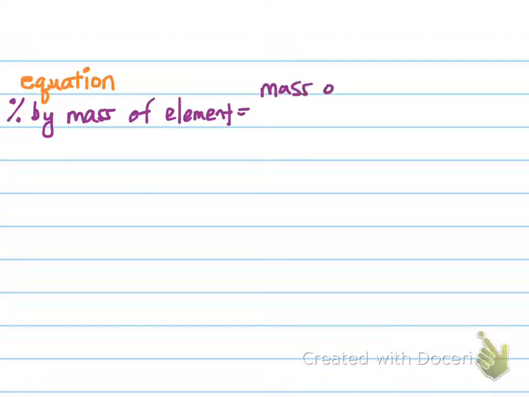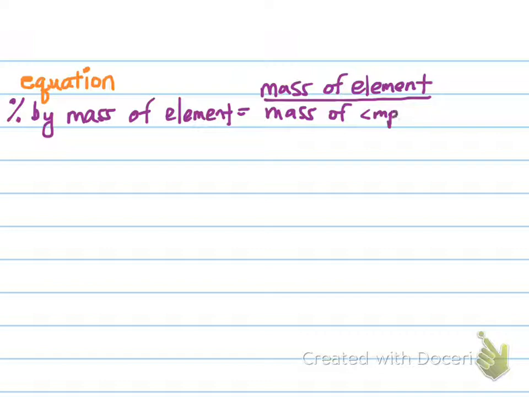In equation form, the percent by mass of an element is equal to the mass of the element divided by the mass of the compound times 100%.